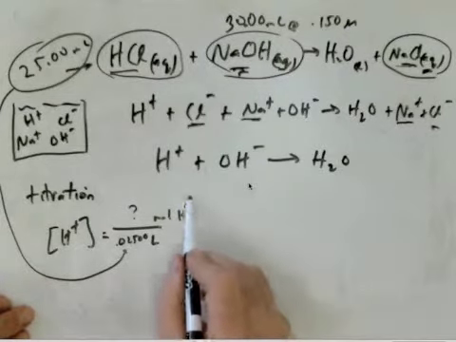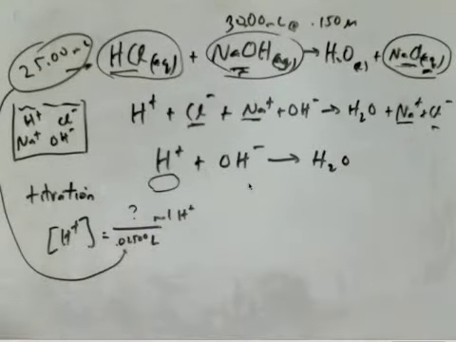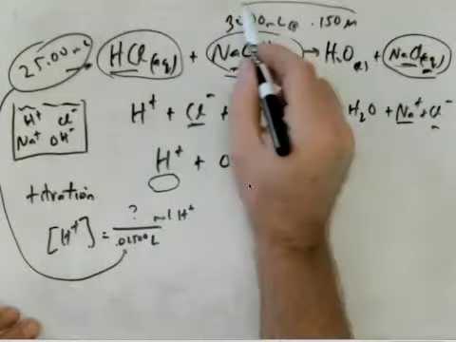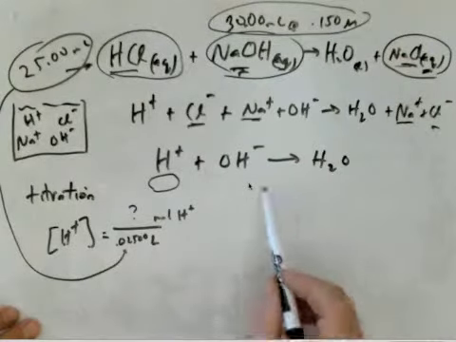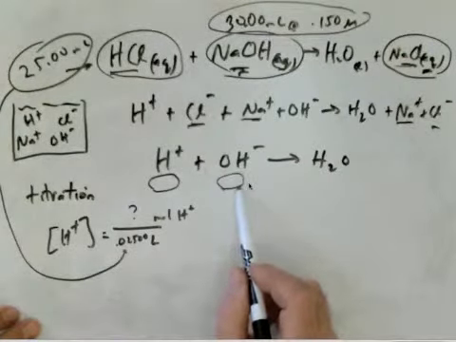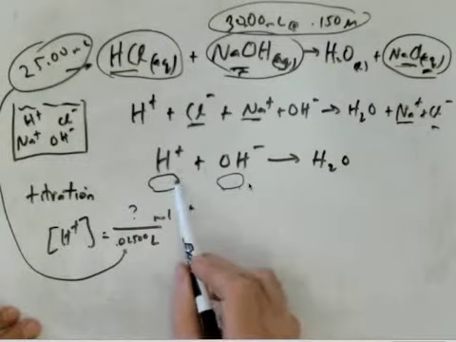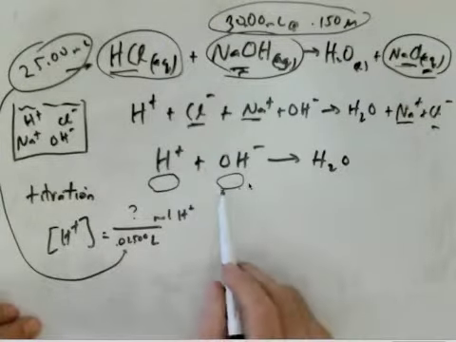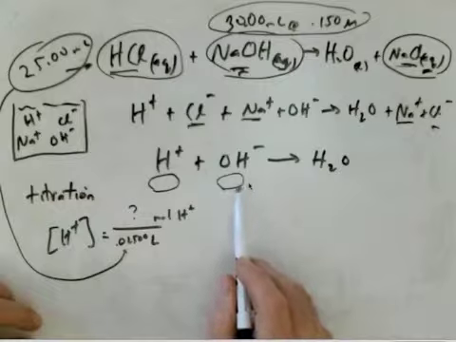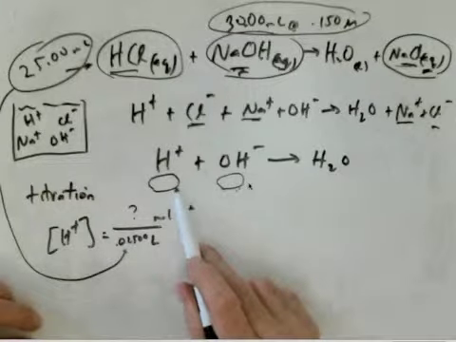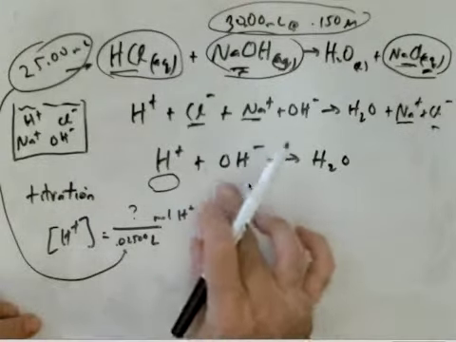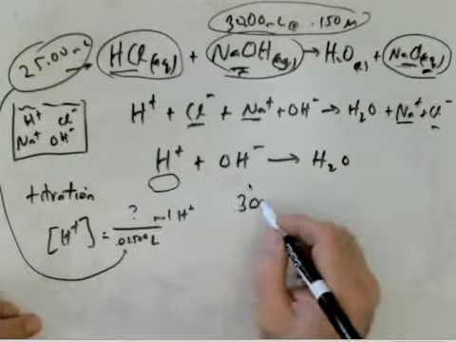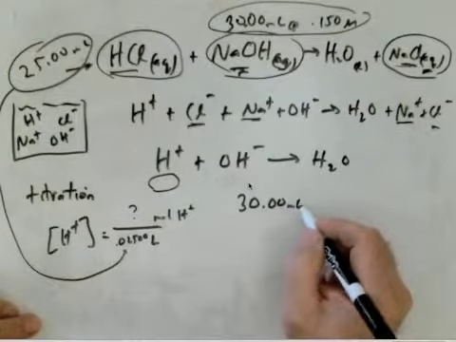Okay, what can I figure out? Well, I'm trying to find out how many moles of H plus there were. This information I can use to figure out how many moles of OH minus it took to cancel out the H pluses. Because at the end point, we'll assume that the OH minuses and H pluses were the same amount. So how do we find this number here? Well, 30 milliliters.